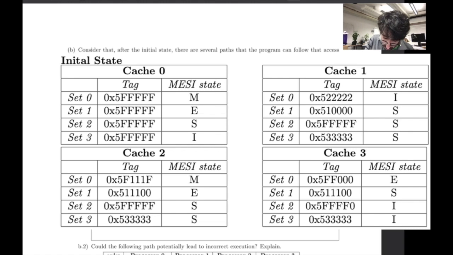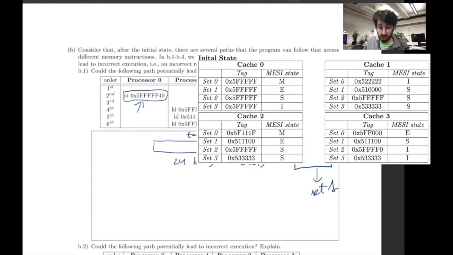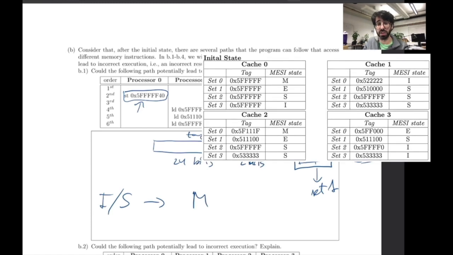And at this point we store in this line, right? That remember initially could be in shared or in invalid state, but because we are writing in it, we are changing the state from shared or invalid to modified, and we are writing the data, so there is no inconsistency there.